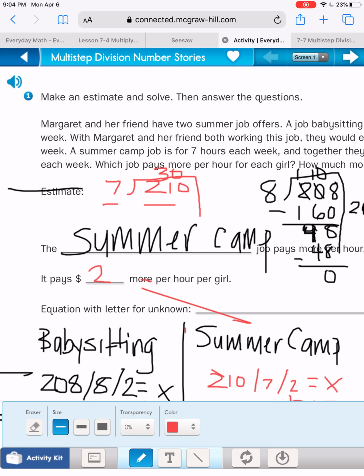I'm looking at this now, and I can't believe how messy and sloppy this is, but it's a little difficult to do with not that much space. So you should have that the summer camp paid more per hour, and it is $2 more per hour. That is the answer for question number 1. I hope you followed along and checked your work with that one. Stay tuned for question number 2 next.